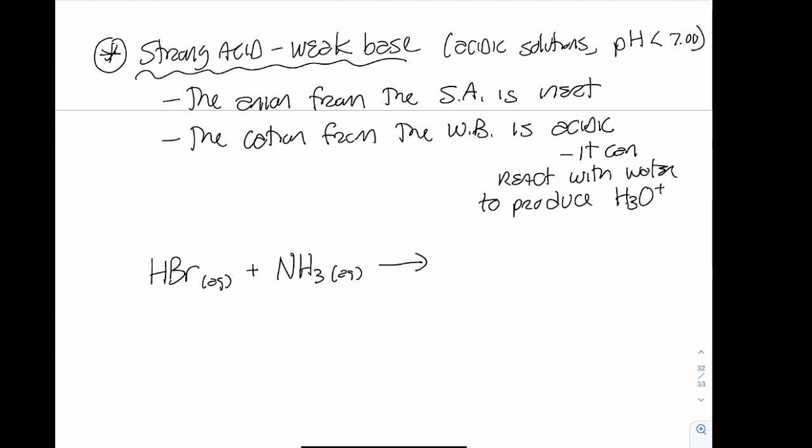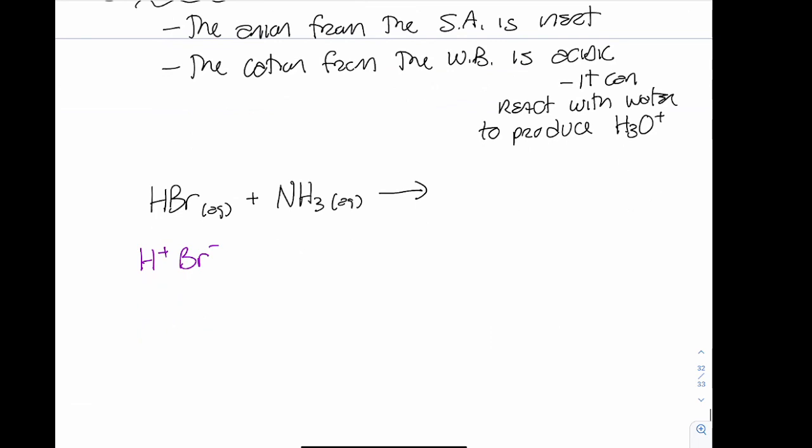It's an aqueous solution, so I'm always going to have water. When I balance this one, I'm not going to actually have water there. We just need to remember that I do have water because it's aqueous. Separating these, H plus, Br minus, completely ionized.